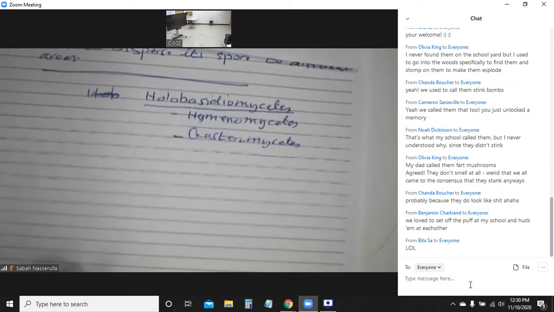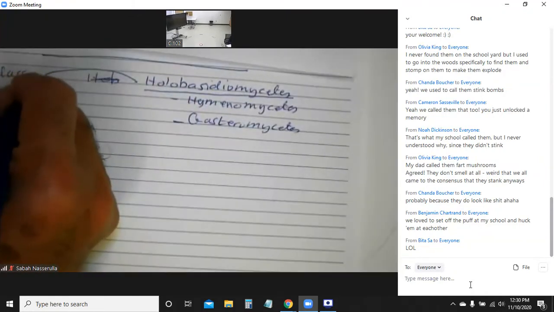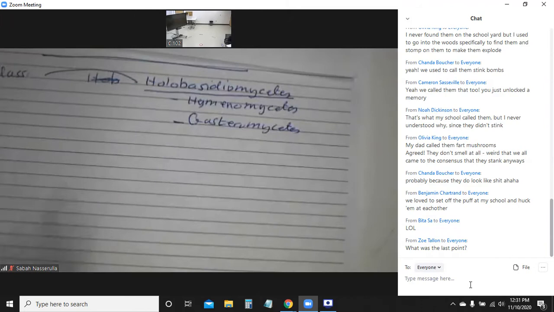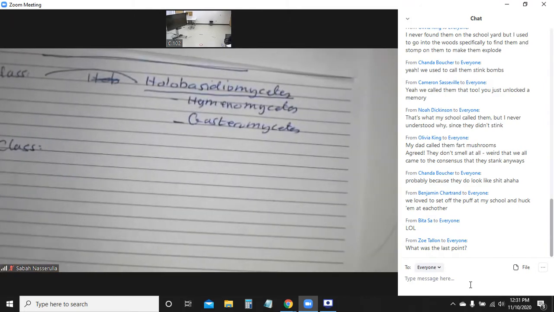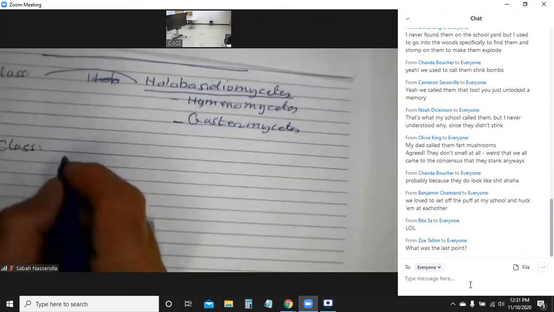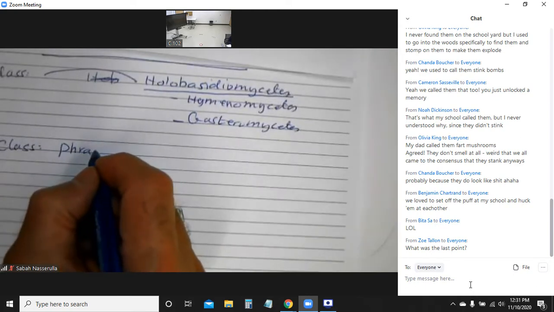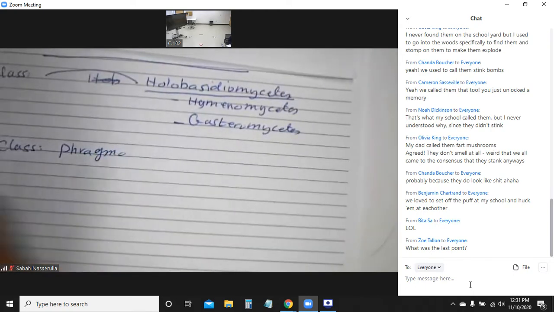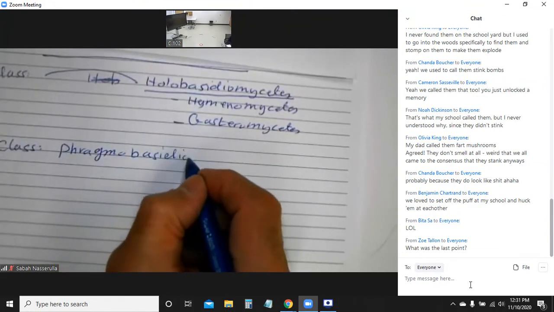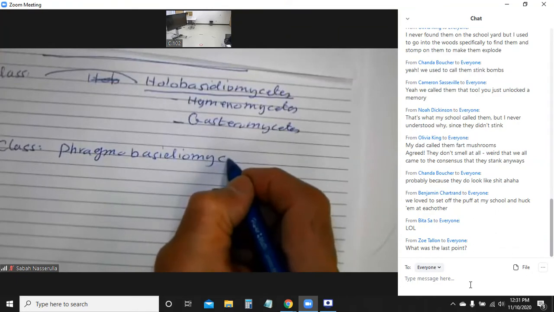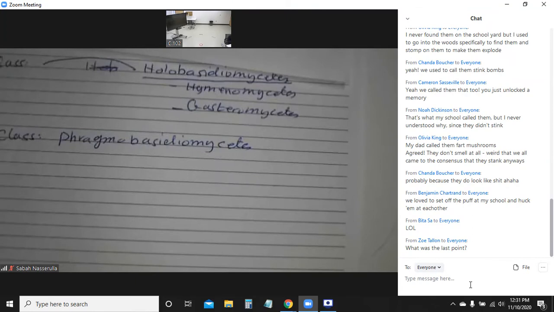And this one here is known as a class, the holobasidiomycetes. Now we move to the other class, which is known as the phragmobasidiomycetes, as I already mentioned to you, in which they produce their basidia.